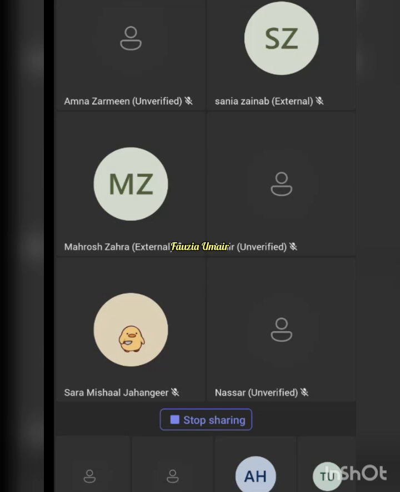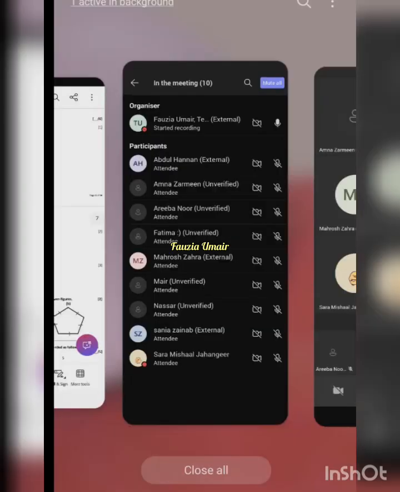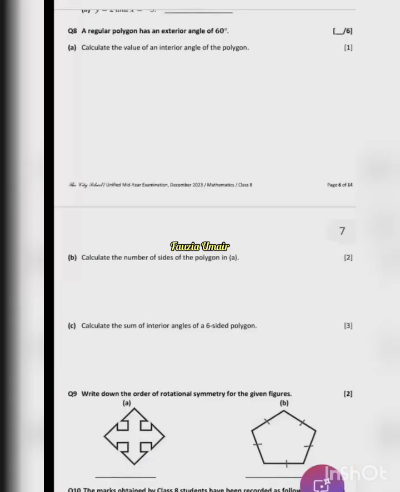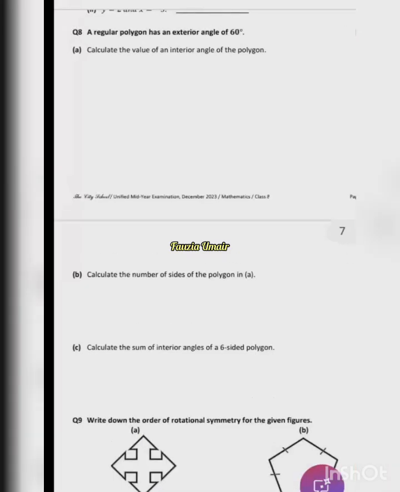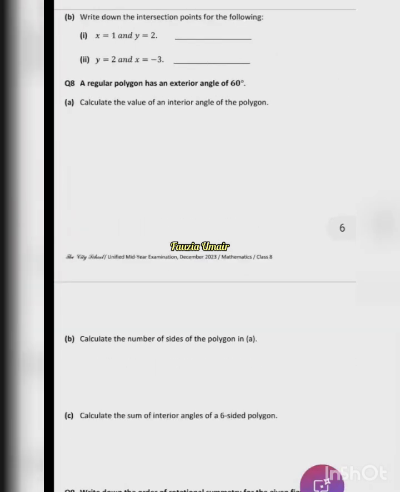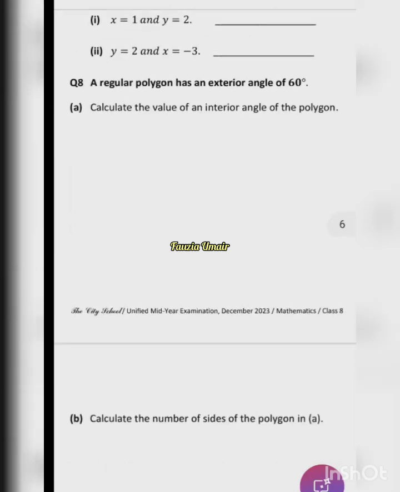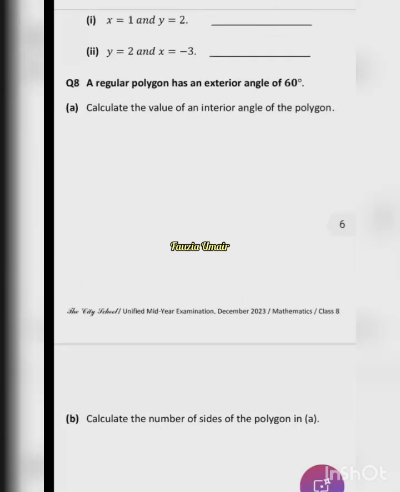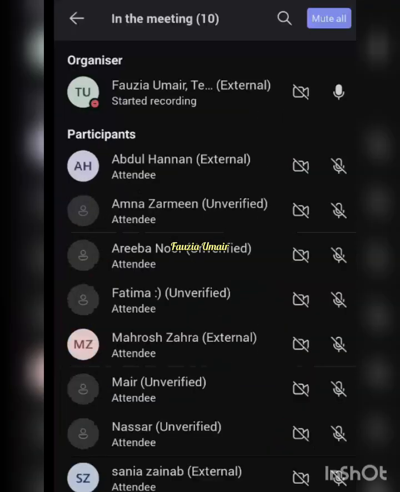All right. So, Ariba, can you see the screen also? Can you see the screen, Bitte? Yes, Bitte.